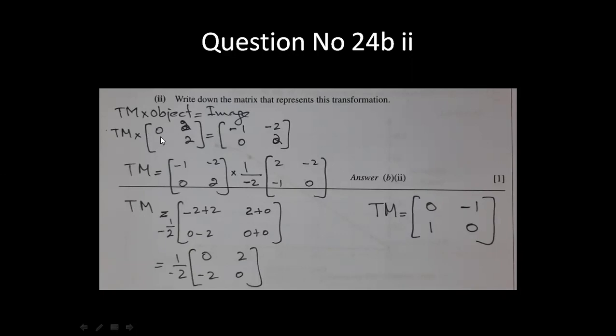Their determinant will be minus 2, so 1 by determinant into adjoint of this matrix. So their places will be changed, their signs will be changed. So this is basically the inverse of the object matrix. So write this fraction in the start, multiply these two matrices with each other, you will get 0, 2, minus 2, 0. So divide each number by minus 2, you get 0, minus 1, 1, 0. So let's check.